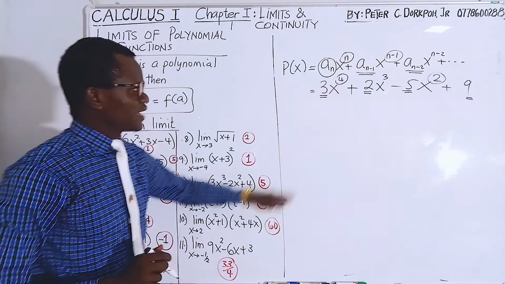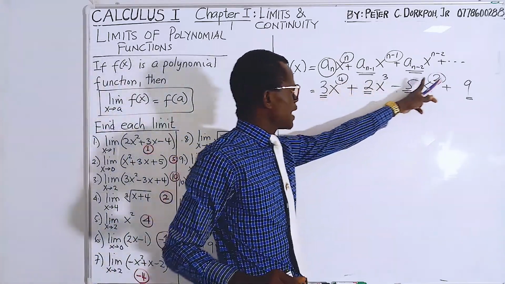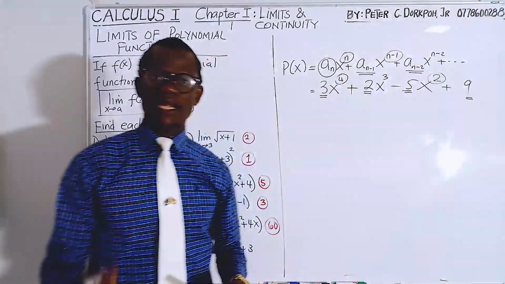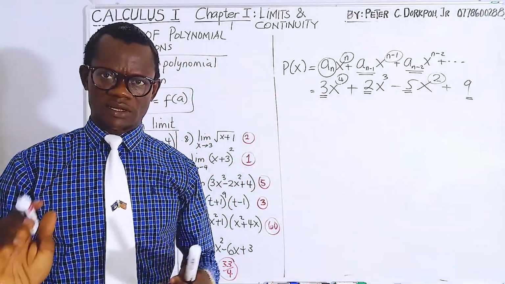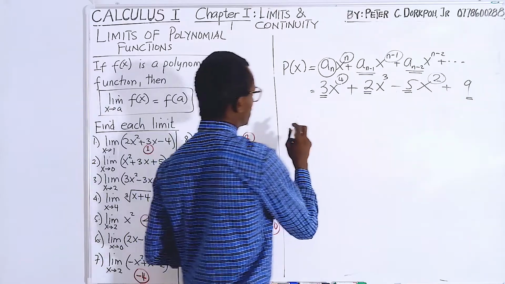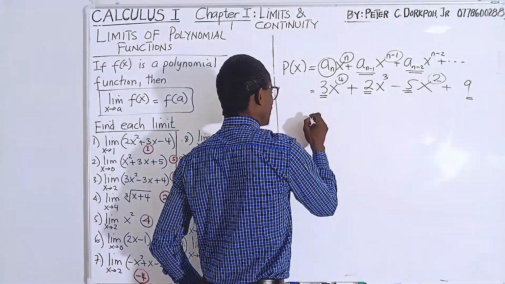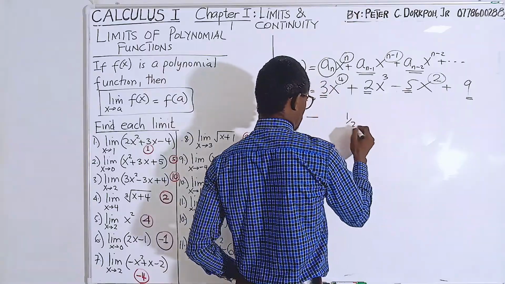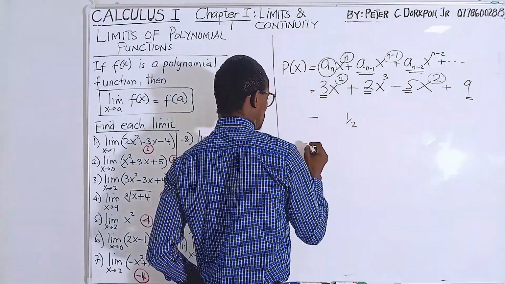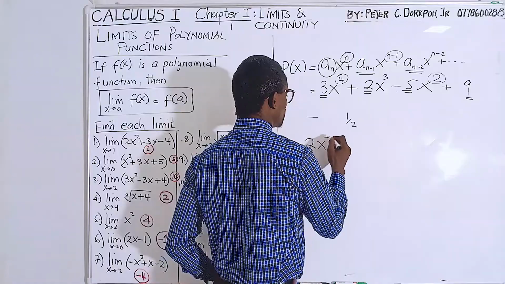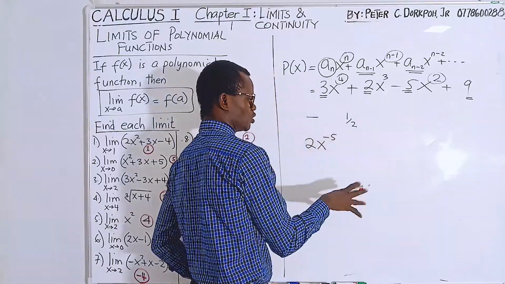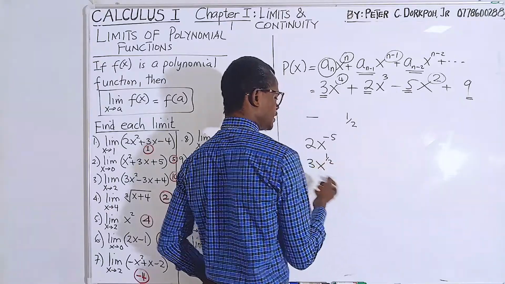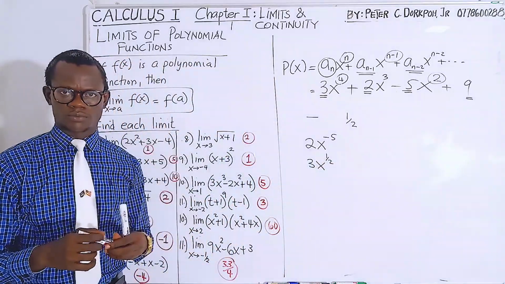So, observe that the powers of these expressions are all positive and they are not fractional numbers. The power of a polynomial should never be negative and it should also never be a fractional number. For example, 2x raised to the power negative 5 is not a polynomial function. 3x raised to the power 1 over 2 is not a polynomial function, right?